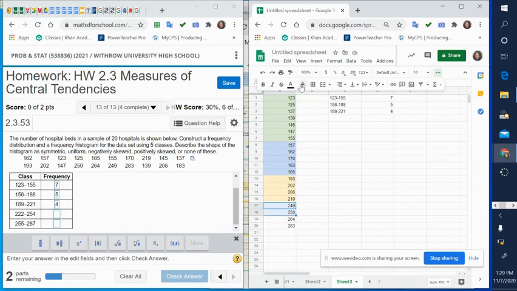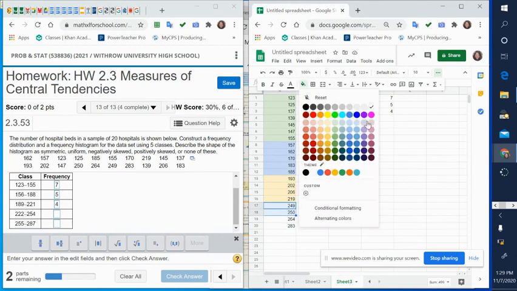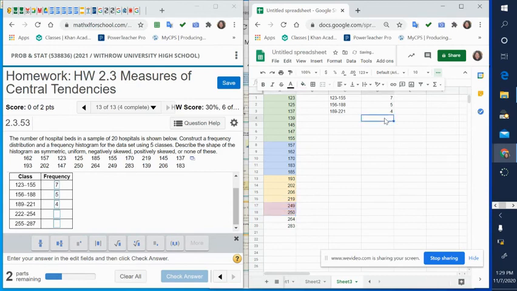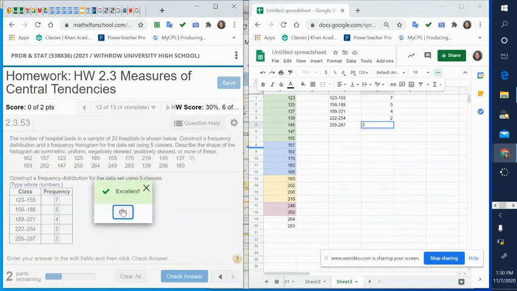That's only 2 of them. And then 255 to 287. Just 2 answers. So let me fill this in. 7, 5, 4, 2, 2. So far, so good.